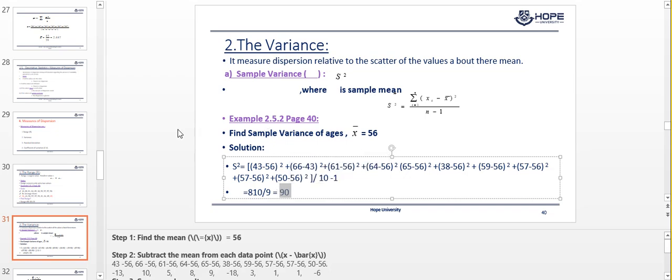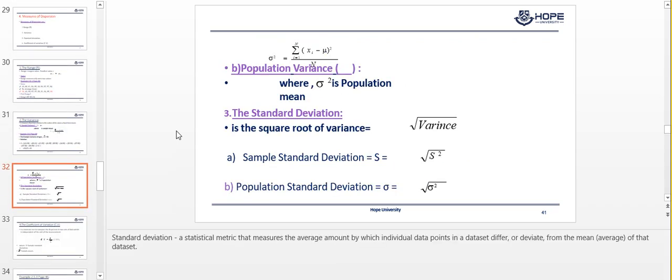90 is our variance. If we have the variance, we can calculate the standard deviation and the coefficient. For the population we use sigma squared for variance, while for standard deviation we use the square root of the variance. So we have 90 as the variance, and we take the square root of 90 to get the standard deviation.